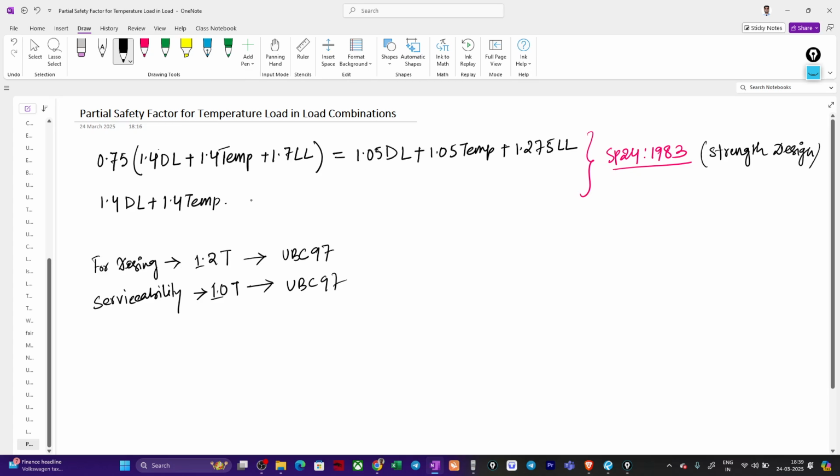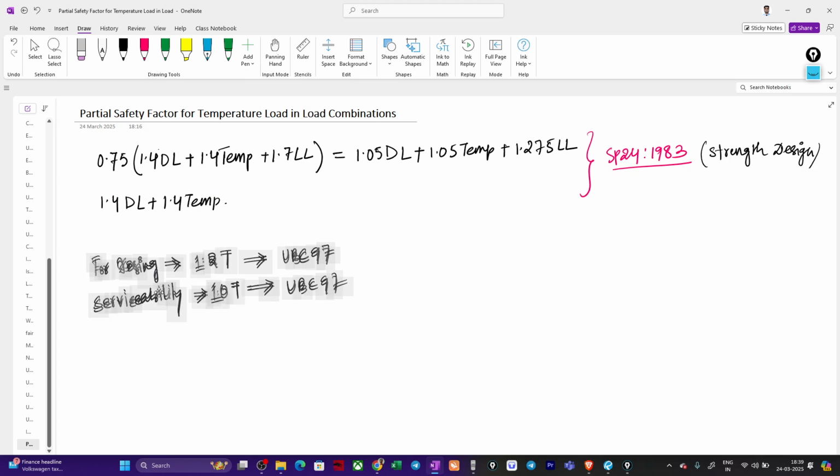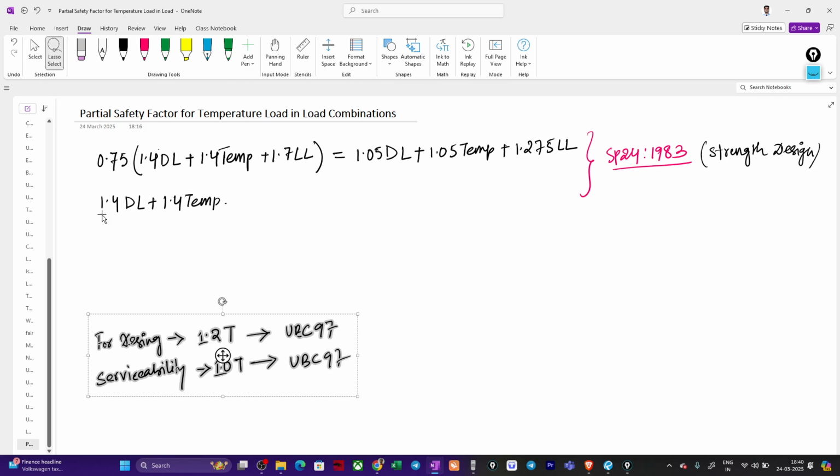Okay, so for serviceability, let me take this part little below here. So for serviceability, it is saying you take like this, or 1.0 DL plus 1.0 temperature.